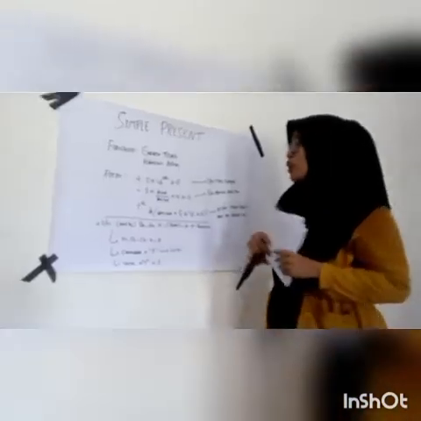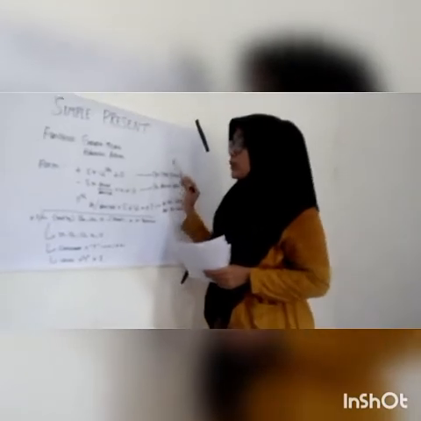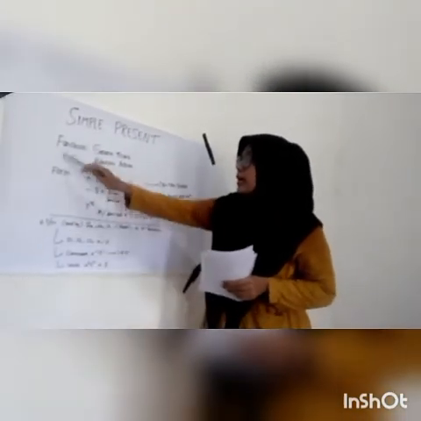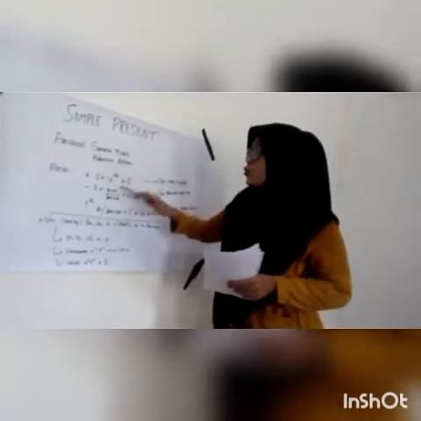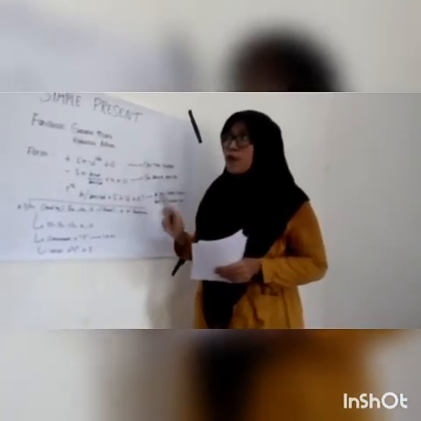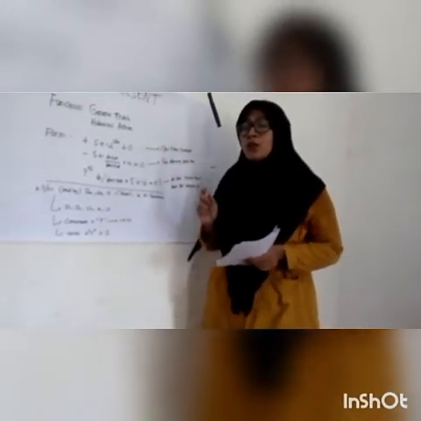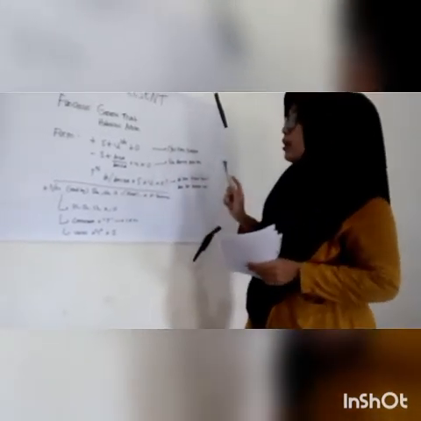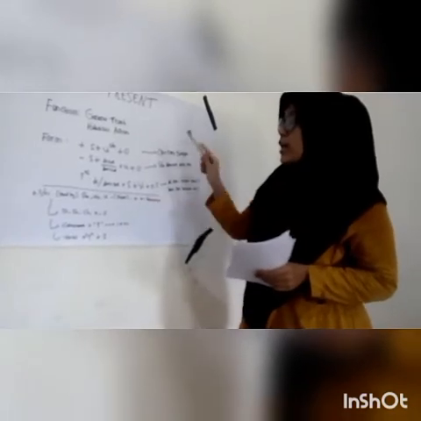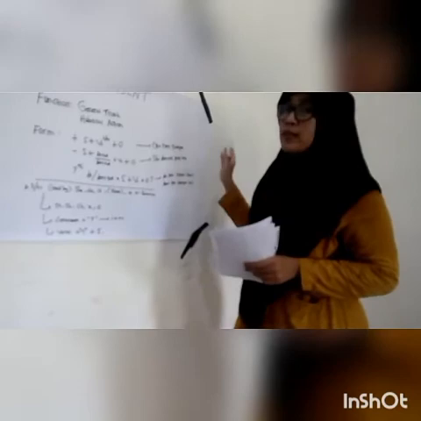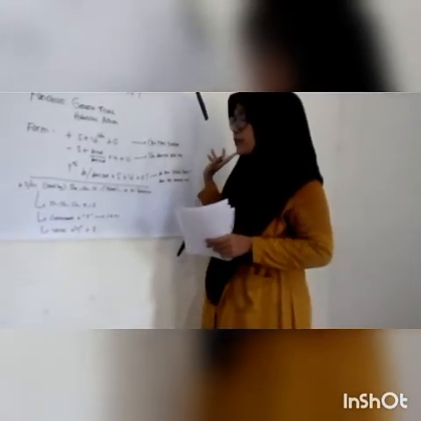Okay, next I want to explain to you about adding s or es in the simple present tense to verb 1 for the subject she, he, it. You must remember she, he, it use verb 1 with an additional s or es at the back.